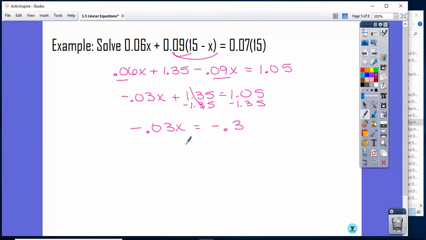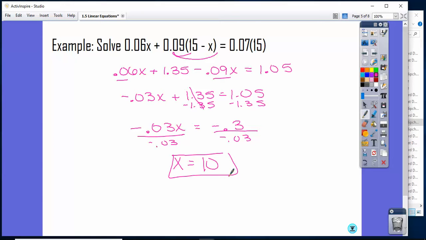Now we have to divide by the negative 0.03, and we get x equals 10. So fractions, decimals, they shouldn't scare us. We have a calculator, we can work through them.